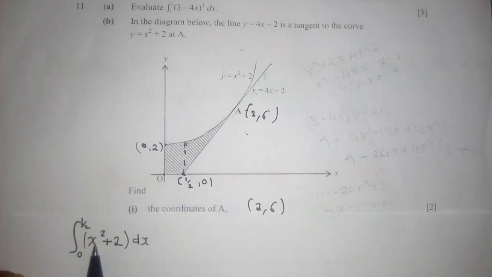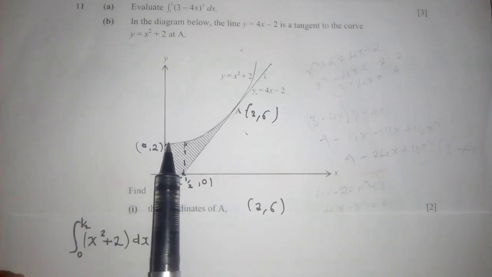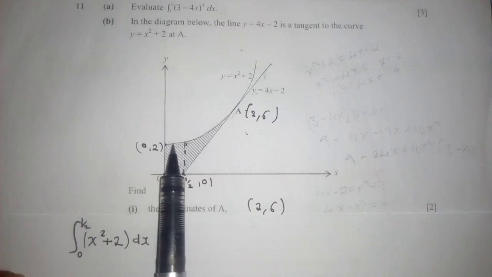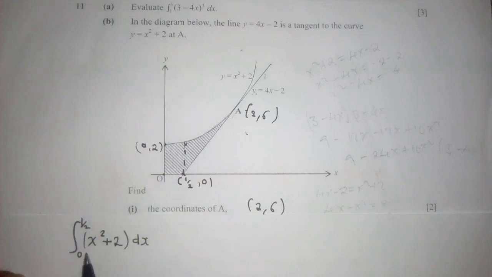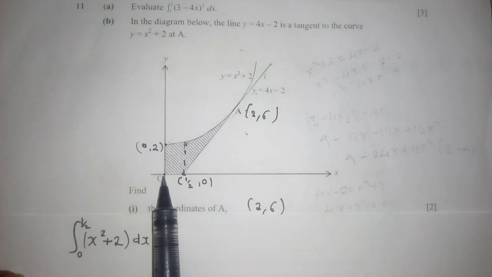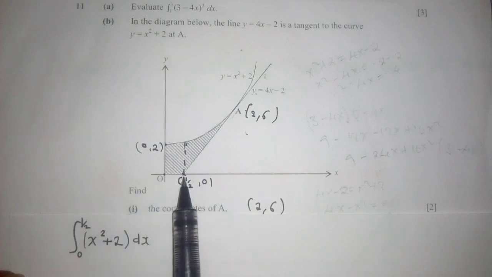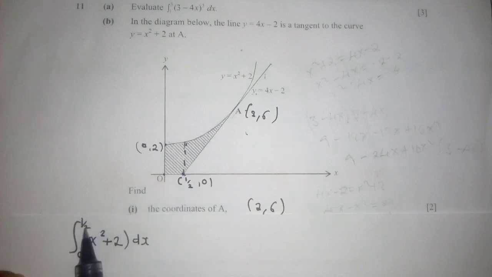It will just be this. So write the function, or the equation, which is up here. And then for the limits, the lower limit, you see from here along the x-axis, from here it's 0 to here, this point here is 1 over 2.